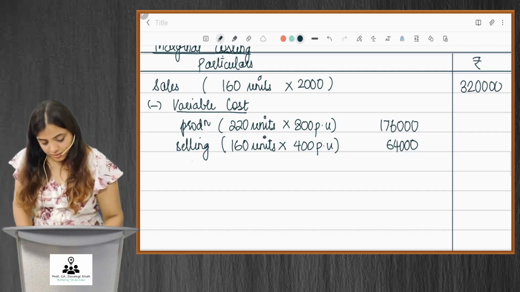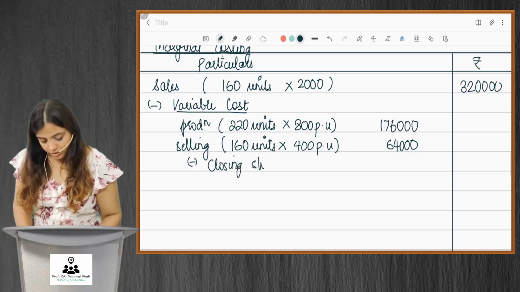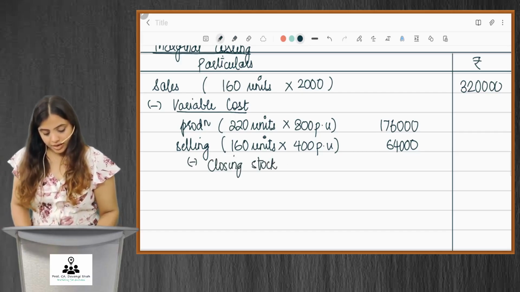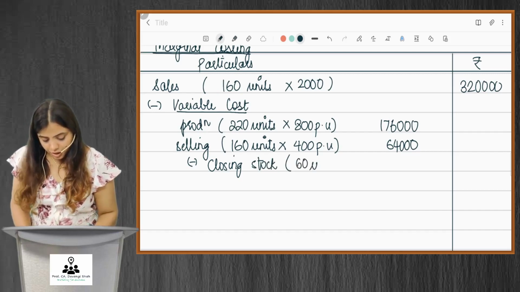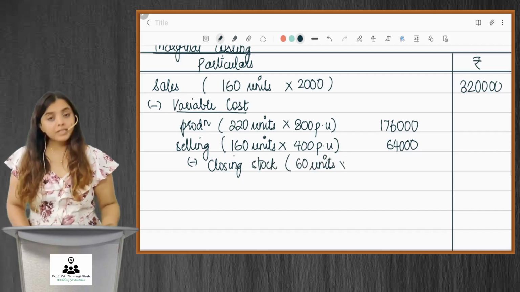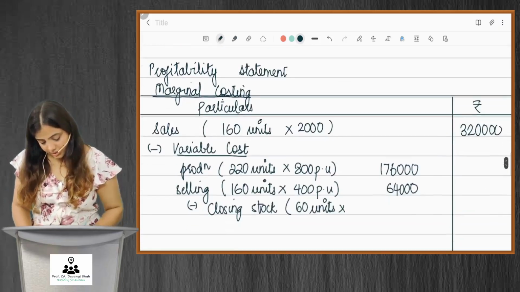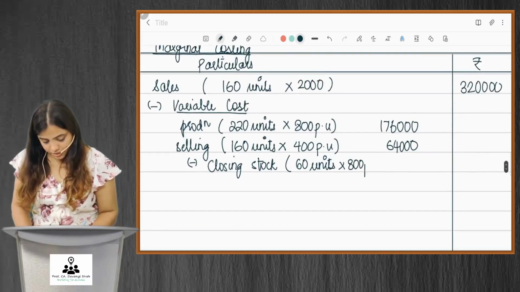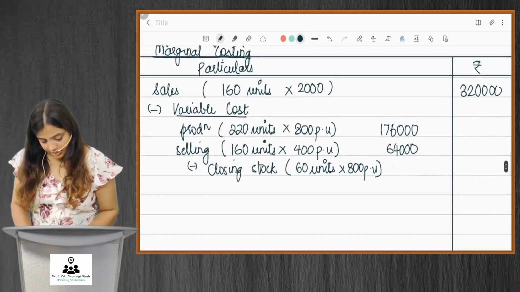From this, we are going to subtract the closing stock. If there were opening stock, we would have added it. Closing stock will be subtracted. And we know how to value it. There are 60 units in stock, right? And these 60 units will be valued at only 800. Manufacturing variable cost will be taken. We've already written this note, right? 48,000 will be subtracted.